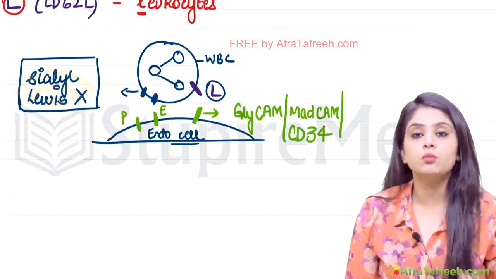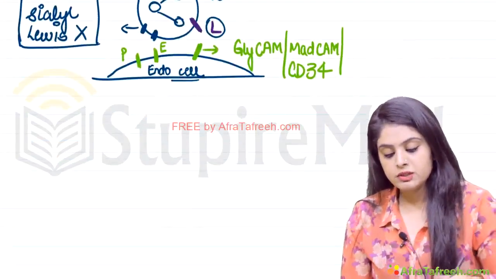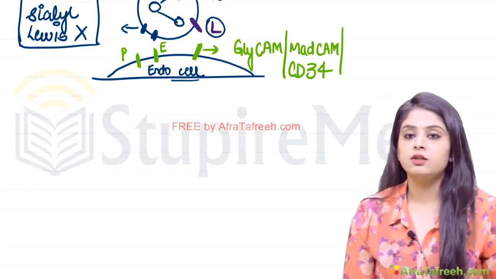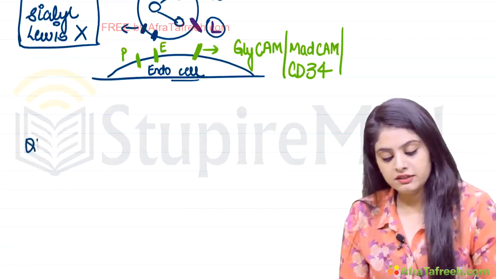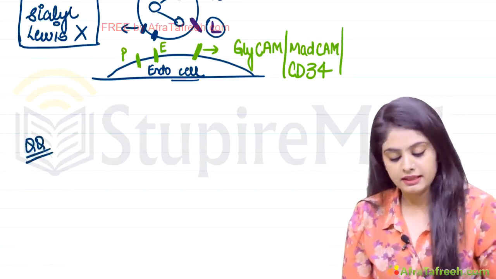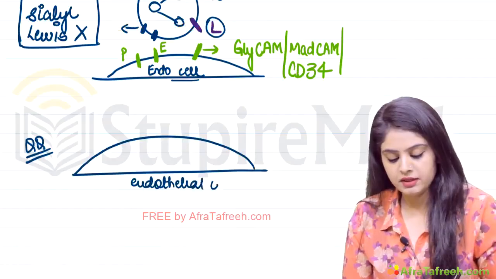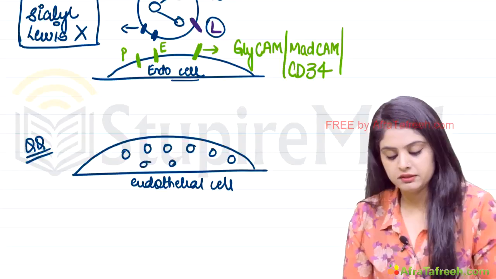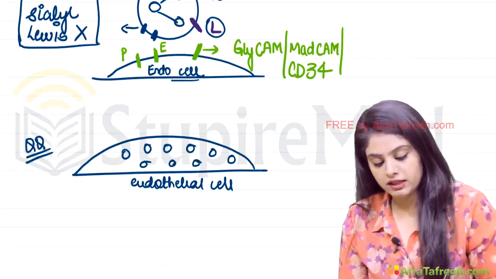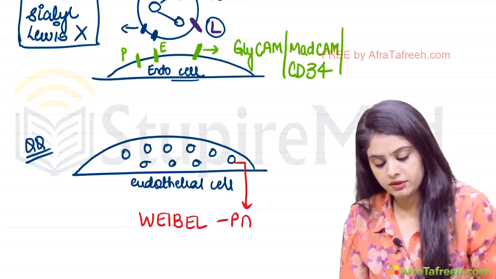Now students, there are one or two more questions that you need to finish off over here before we proceed. We just spoke about the endothelial cells having two types of selectins, P and E, right? There is one recent favorite question that has come up, and that says that if this is the endothelial cell, within the endothelial cell there are certain bodies that are present, and these bodies are known as the Weibel-Palade bodies.